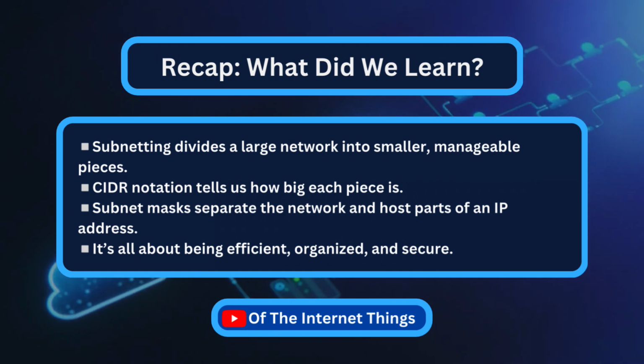Understanding binary representation, private and public IPs, and troubleshooting ensures efficient network design and operation. Subnetting is all about dividing networks for better organization, efficiency, and security. Use CIDR to size your subnets. Calculate hosts with 2 to the power of n minus 2, and route traffic with gateways and routers.